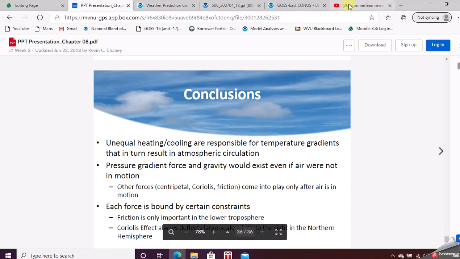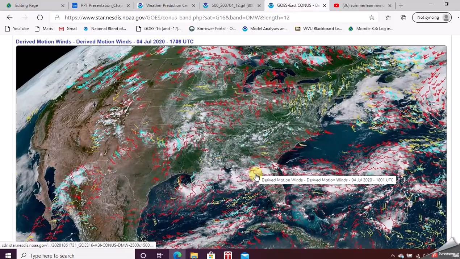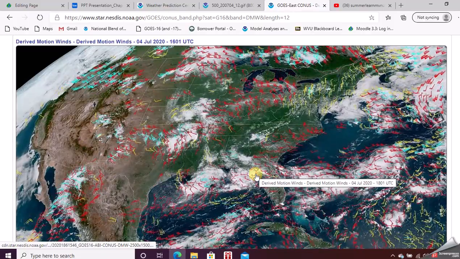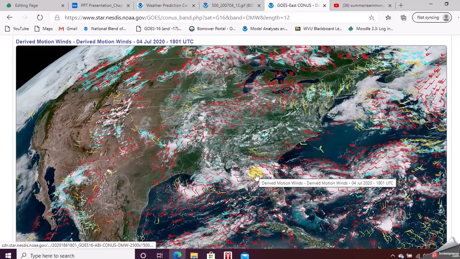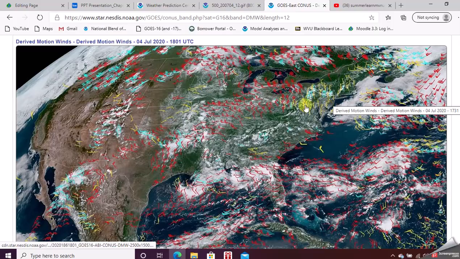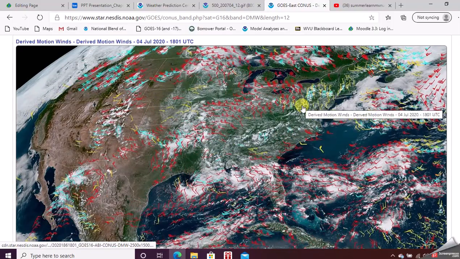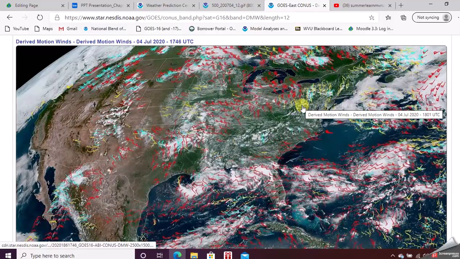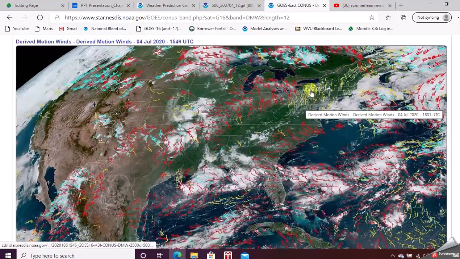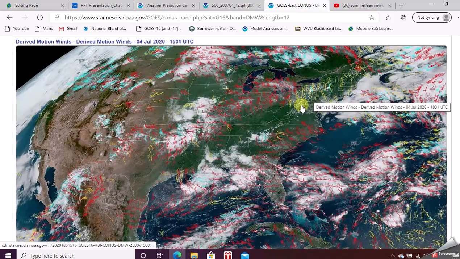One other thing I wanted to show you with wind, just very quickly, is that wind can actually be calculated by watching how clouds move. This is the derived wind on a satellite image over the United States. Notice how the yellow indicates winds of clouds that are roughly 10,000 feet or less. So these are lower level winds. Notice they're moving out of the north, down across eastern Ohio.